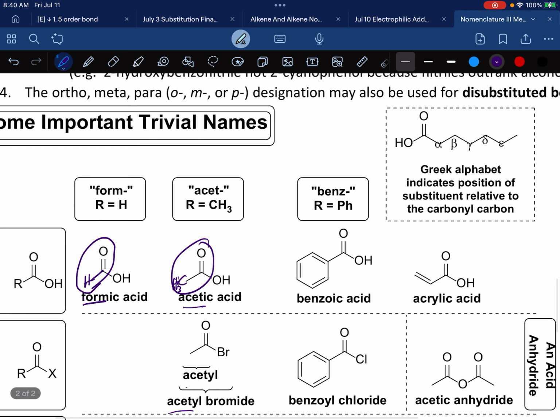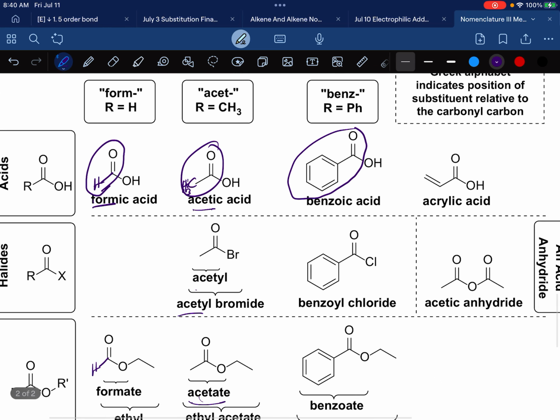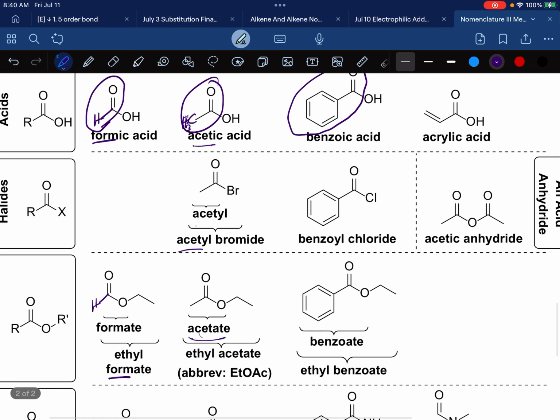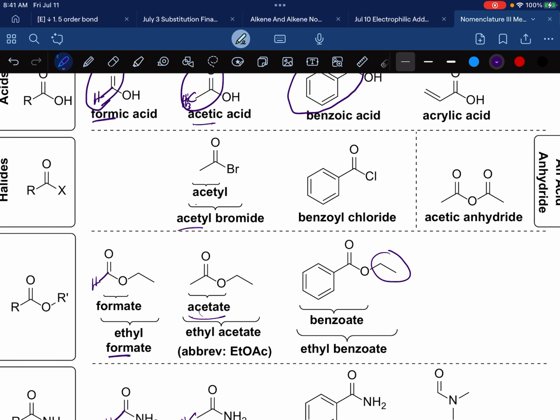Then the next one in the next row is benzoic acid. So benzoic acid is going to be a benzene ring attached directly to a carbonyl. So we have benzoyl chloride. This is ethyl, and then this part is the benzoate.